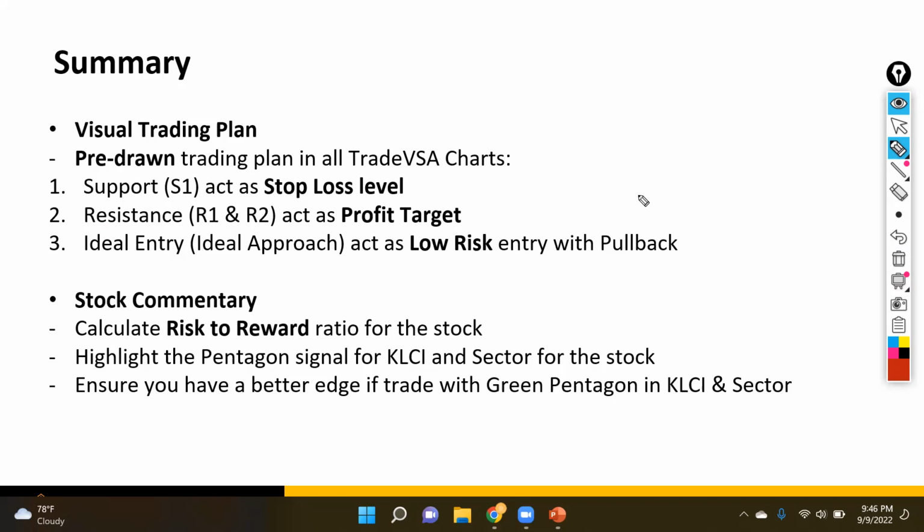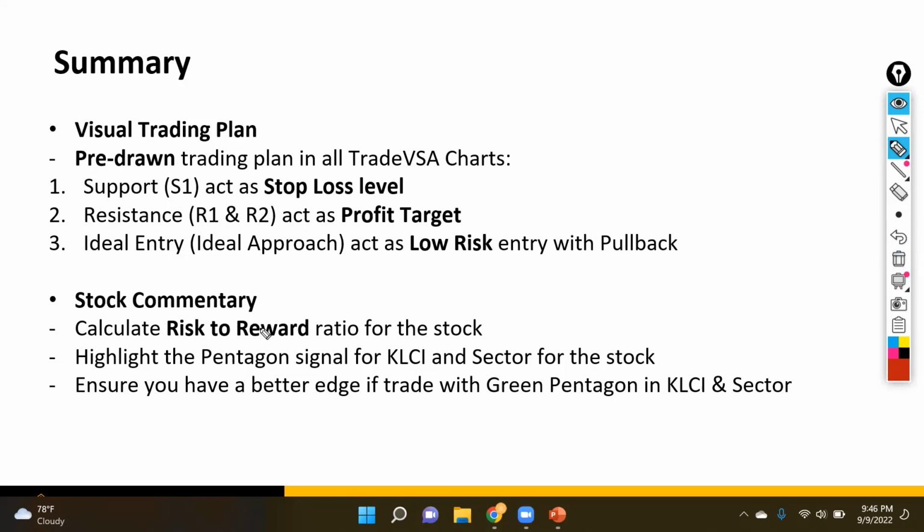But if you want to trade a red Pentagon pullback, some pullbacks may happen in red Pentagon if you have taken the full masterclass. That's where you need to have some different skill to read the chart. But for new members, if you're not sure what a pullback is, when you see red Pentagon, try not to go for the entry first, because overall the trend is weak. That's why during red Pentagon, you won't see this ideal approach or ideal entry.